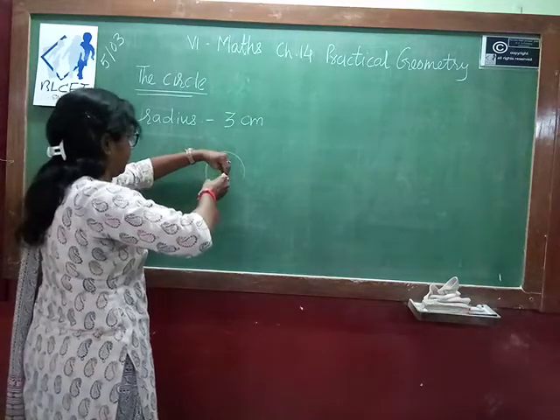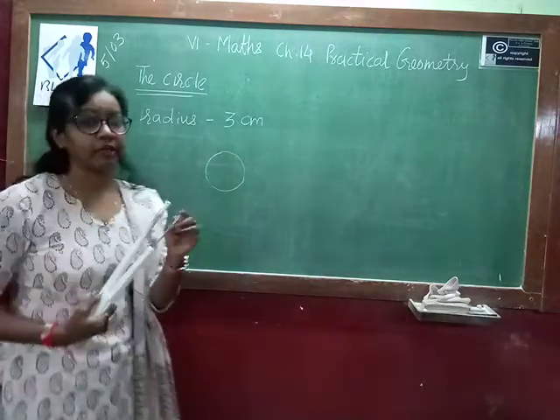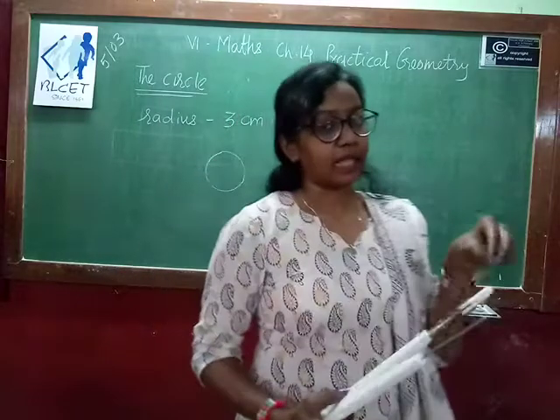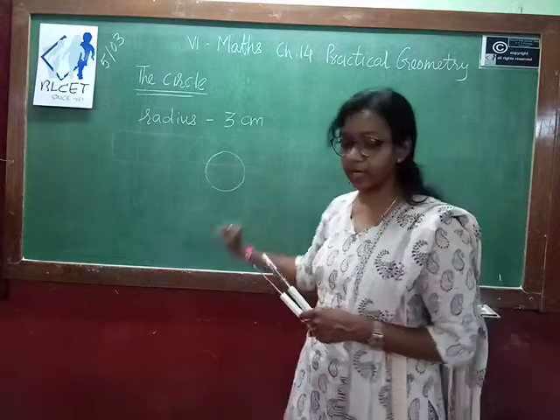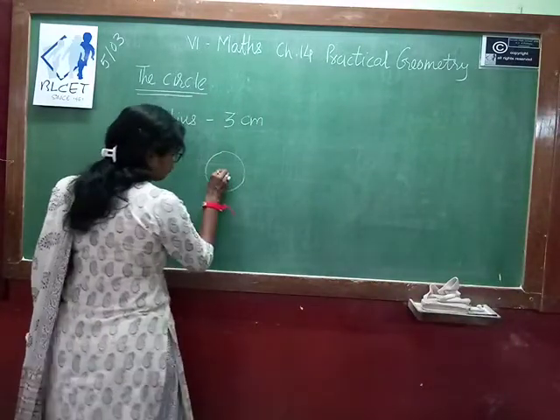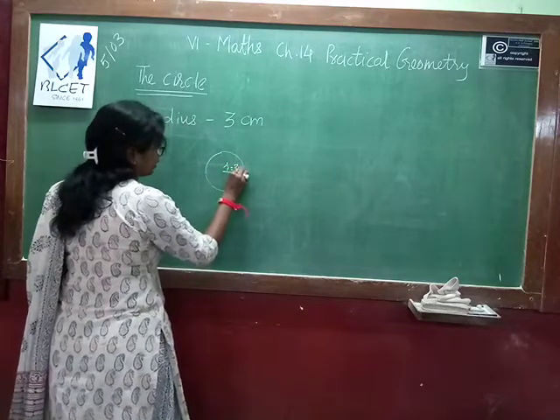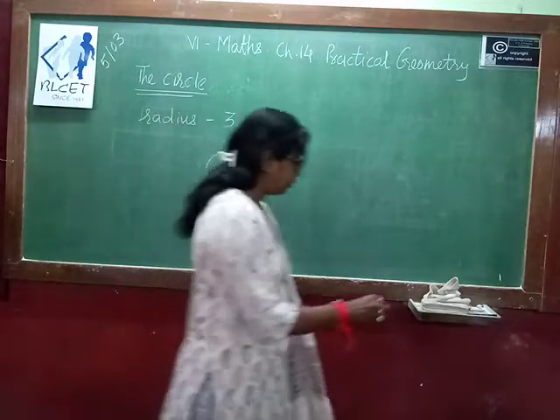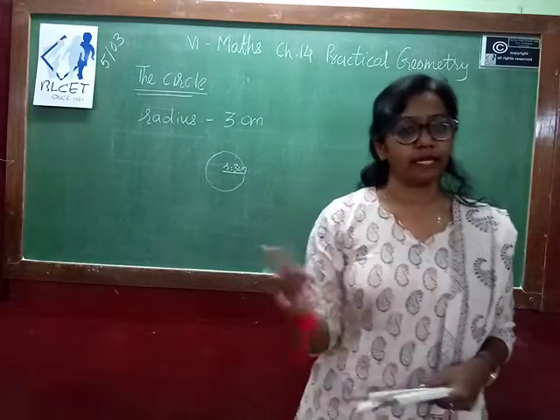Make sure that this pointer is pressed on your notebook in such a way that it will not move. So this way you can draw the circle. From the center, this is your radius 3 cm. So this way, with the help of compasses, we can draw the circle.